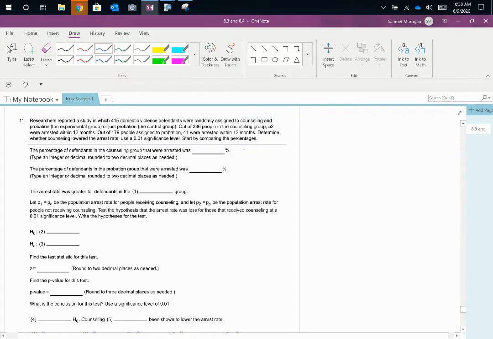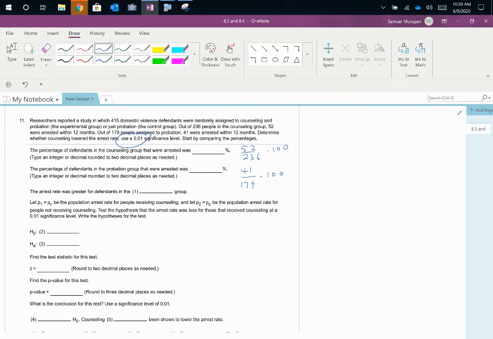So 52 out of 236 times 100. Out of 179 people assigned to probation, 41 were arrested within 12 months. Determine whether counseling lowered the arrest rate. Use a significance level of 0.01. This is a really small significance level. Okay, now that's 1% significance.